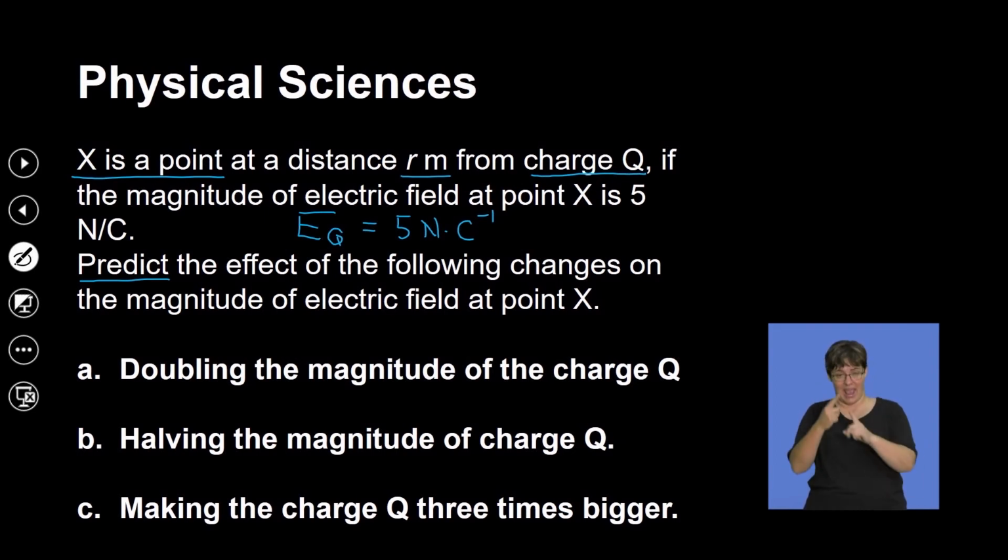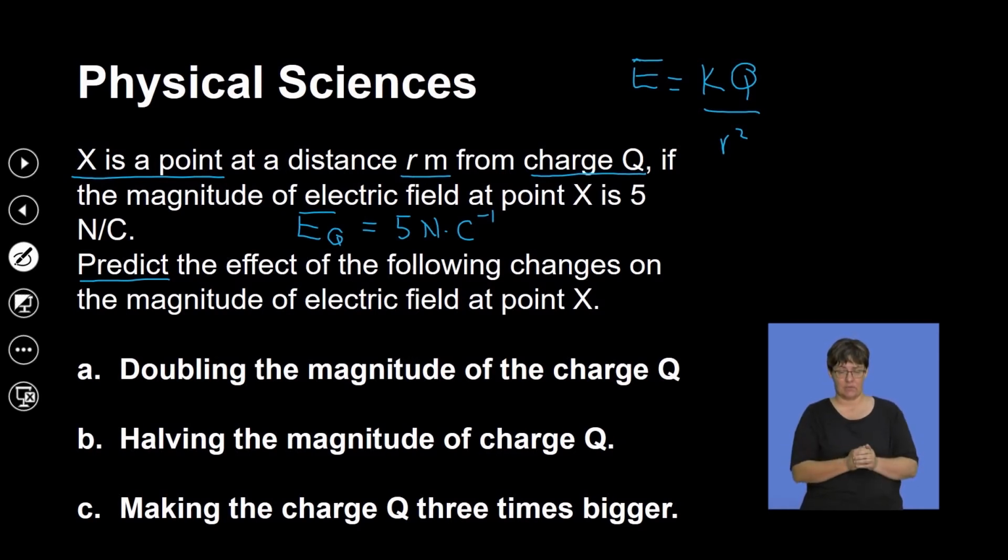at point X. Now, we double the magnitude of electric charge, Q. So if we double the magnitude of Q, we have E equals K Q over R squared, right? Now, nothing was said of the distance, so we'll keep the distance the same.